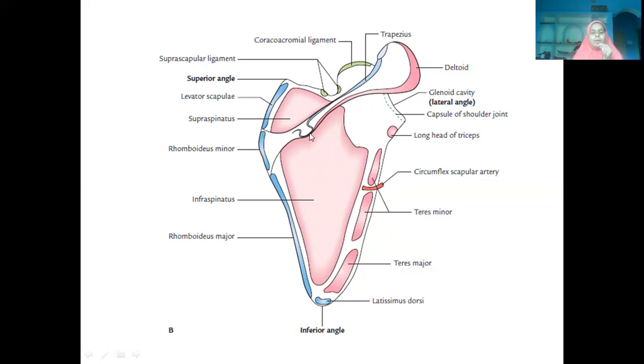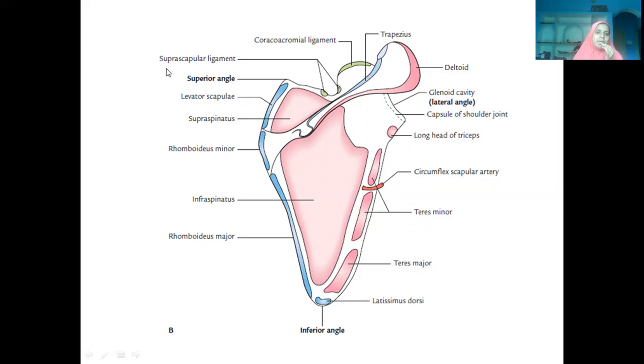Now, what was the name of this notch we have seen, where the nerve was passing? Suprascapular notch. What nerve was passing from here? Suprascapular nerve. What is the name of the ligament? Actually, the ligament will be where I am scrolling the arrow, in that plane, the straight line.